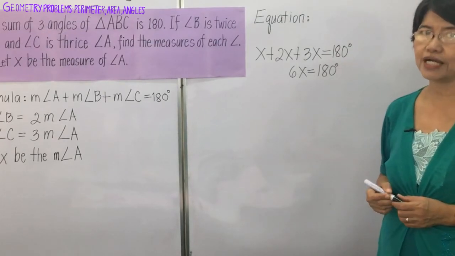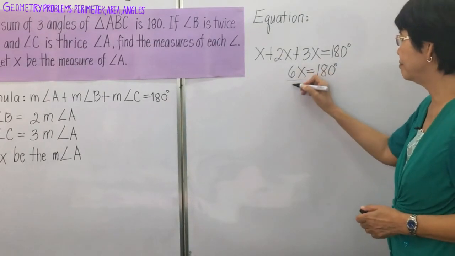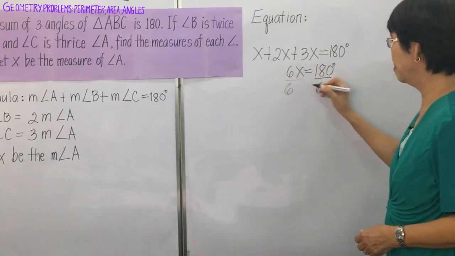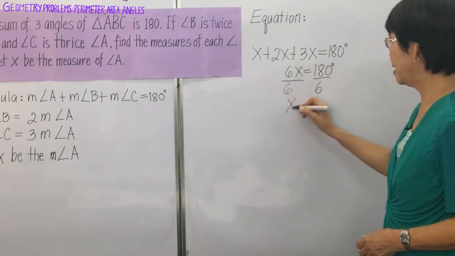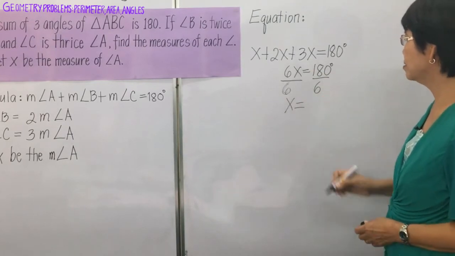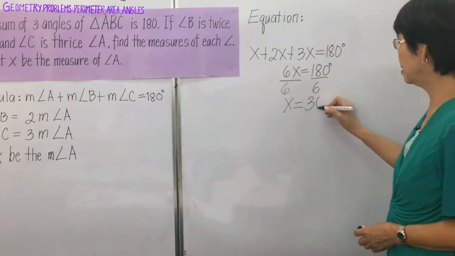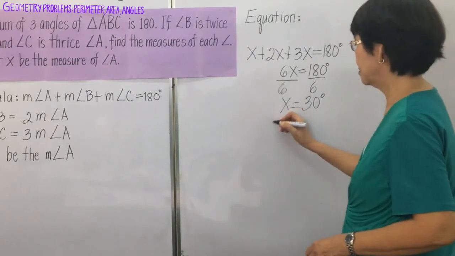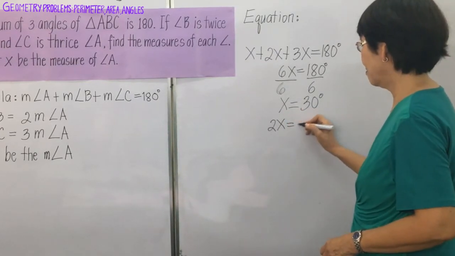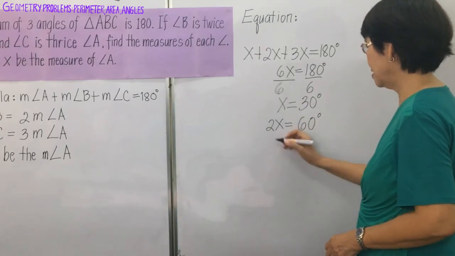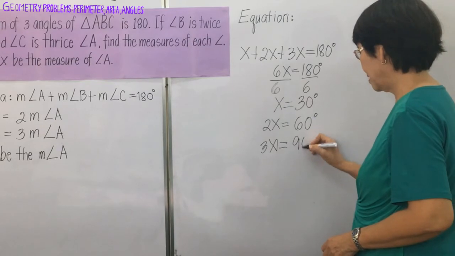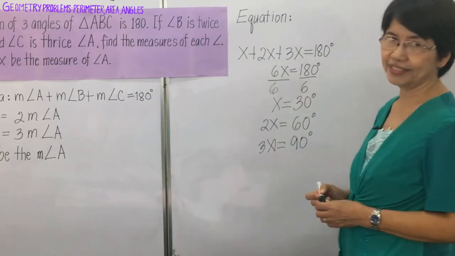And dividing both sides by 6, we have x is equal to 30 degrees. Therefore, 2x is equal to 60 degrees and 3x is equal to 90 degrees.